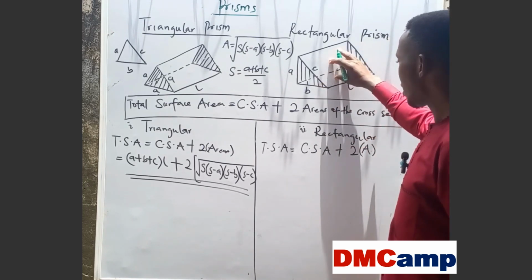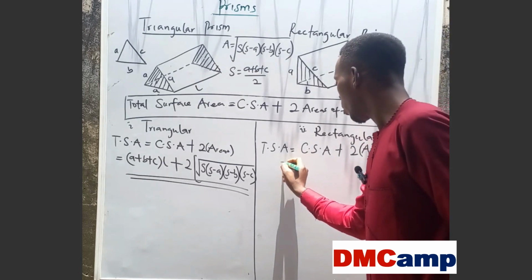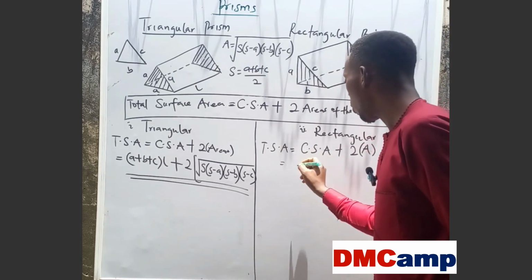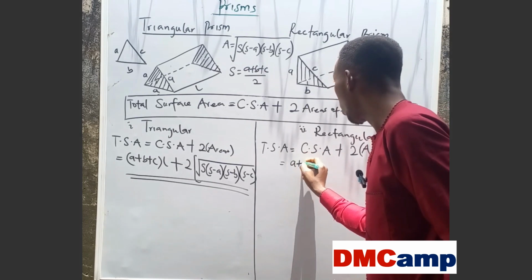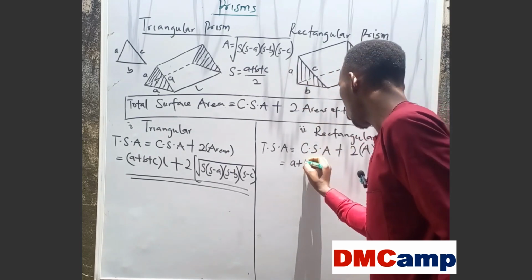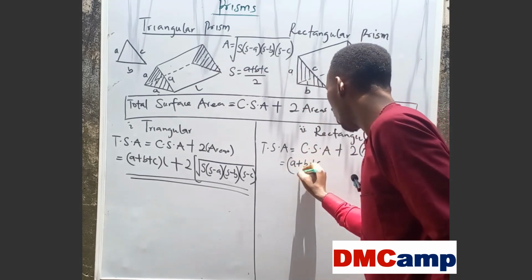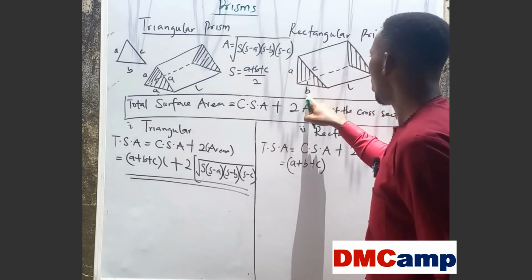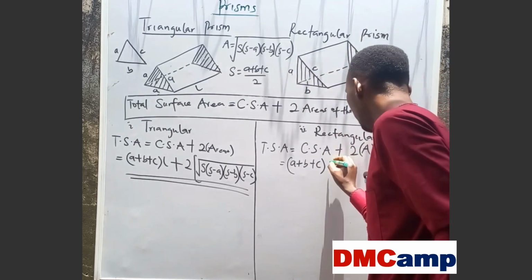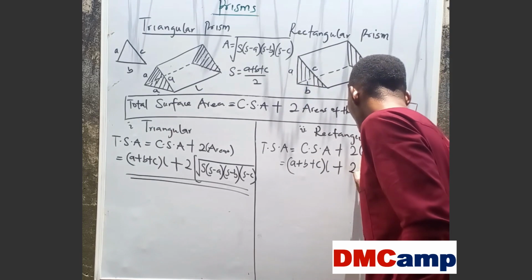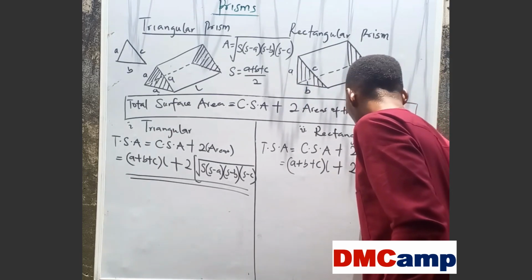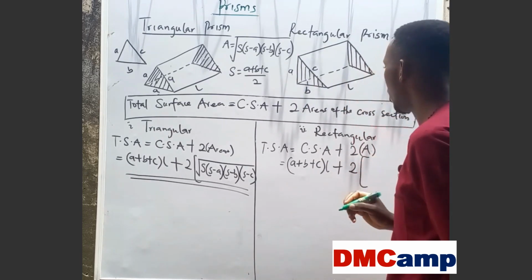Now here, let's see this. The cross surface area of this, we've gotten that to be A plus B plus C, multiplied by the length, then plus the 2 areas now.